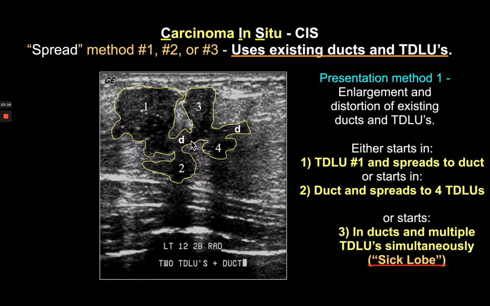No, but I can narrow the differential. If I do a core biopsy on this and I get grade 1 or 2, it likely is an AAB that started in TDLU number 1, then cancerized the other 3 TDLUs via ductal spread. On the other hand, if I get grade 3, it probably was a DAB that started in the duct or started everywhere at once.